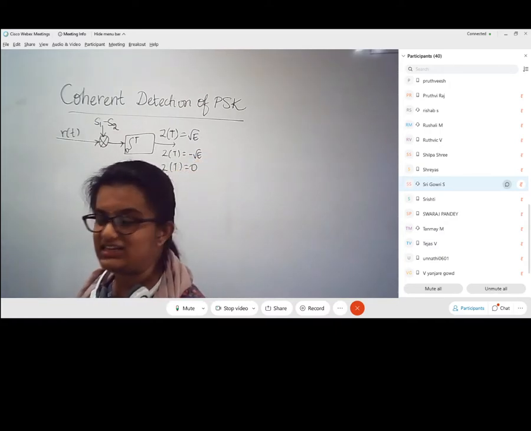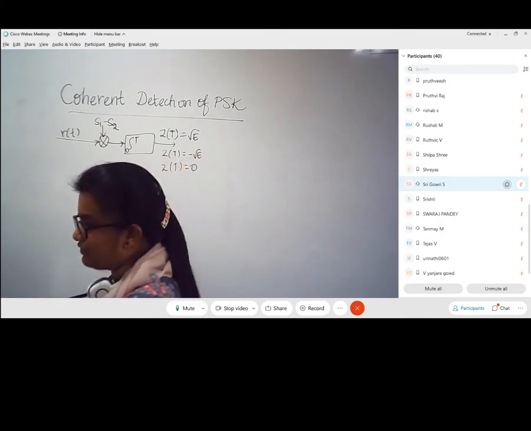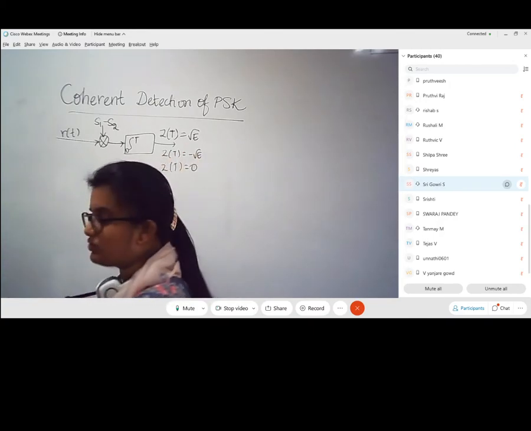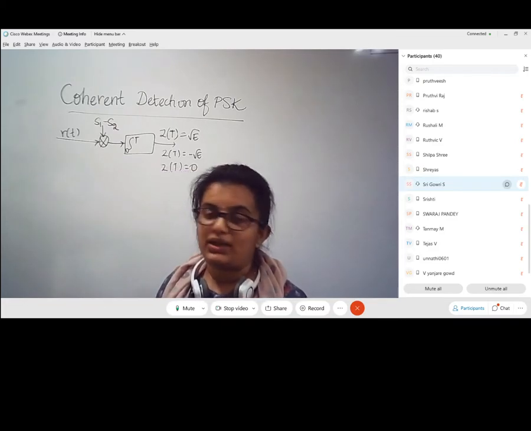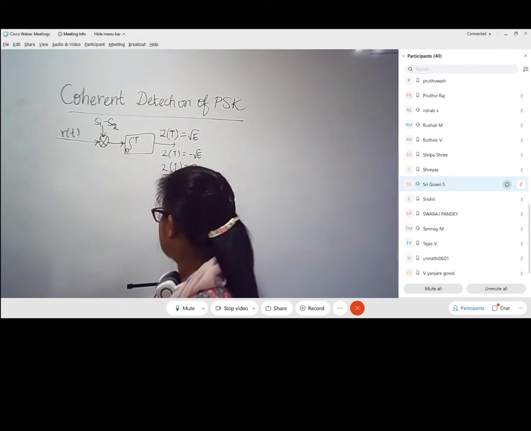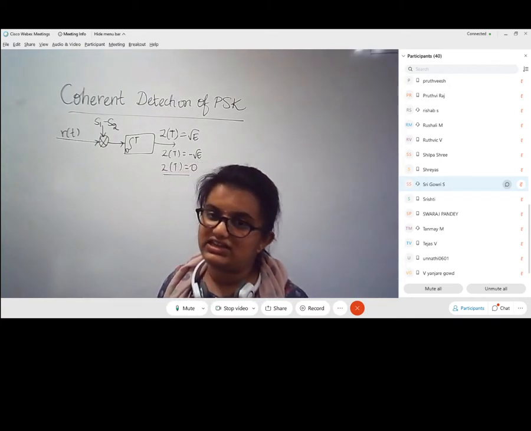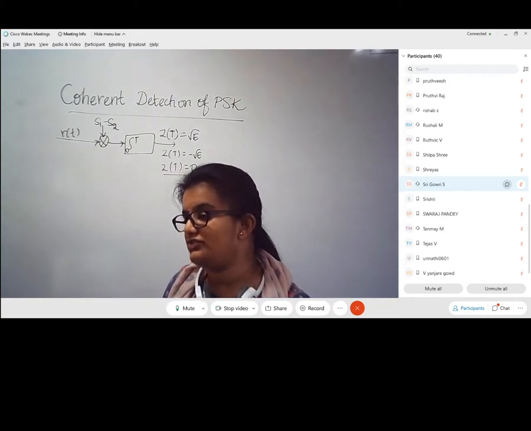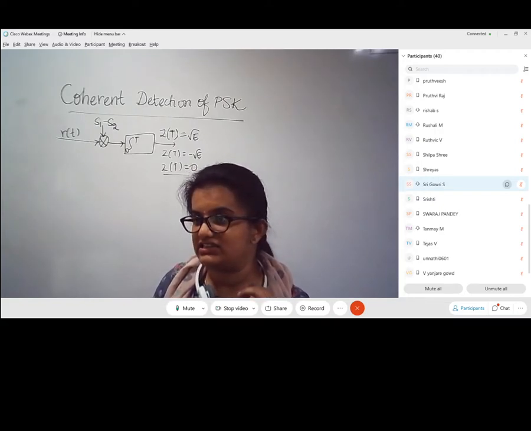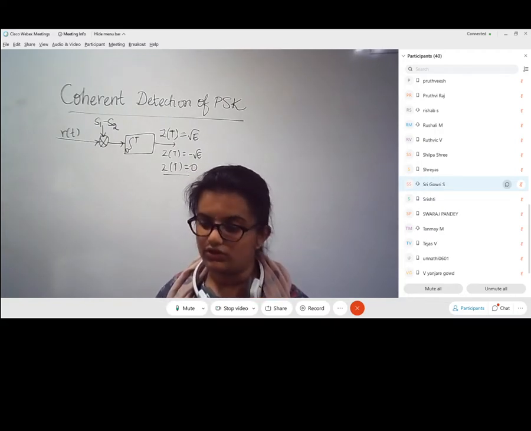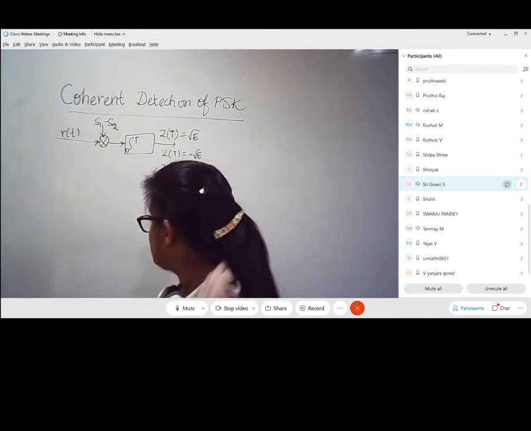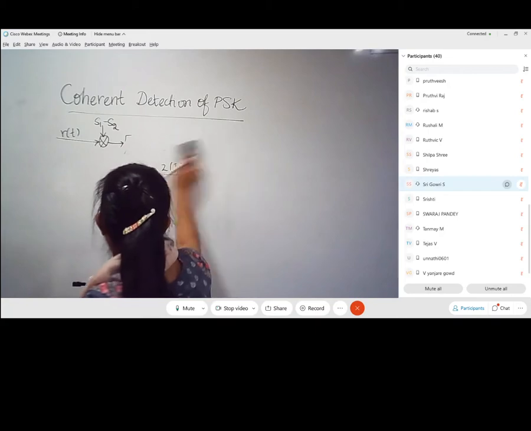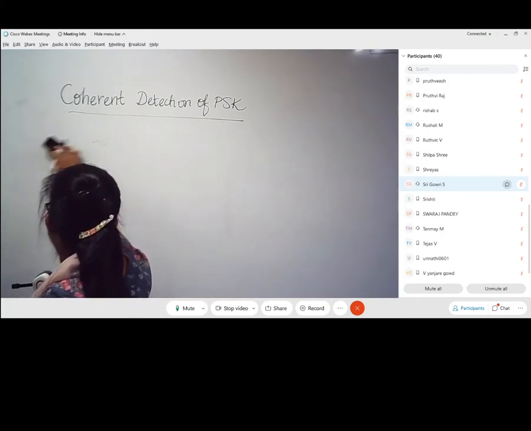So in the first case there is no ambiguity, I am going to decide in favor of S1. In the second case I don't have any ambiguity, again I am going to decide in favor of S2. But when Z is equal to 0, then there is an arbitrary choice of making the decision whether it is symbol S1 or S2. So whatever the receiver decides will be arbitrary in nature.